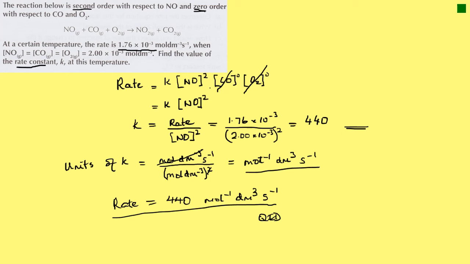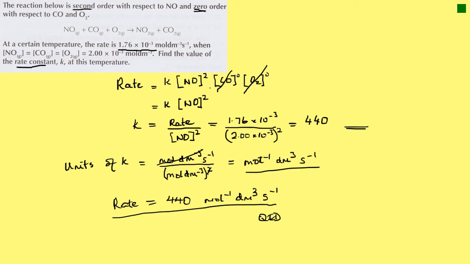First of all, we want to find out what we're told rate is. So we can read here that the rate is 1.76 times 10 to the minus 3. And we look back at the question for the concentration of nitrogen monoxide, and the concentration of nitrogen monoxide is 2.00 times 10 to the minus 3.